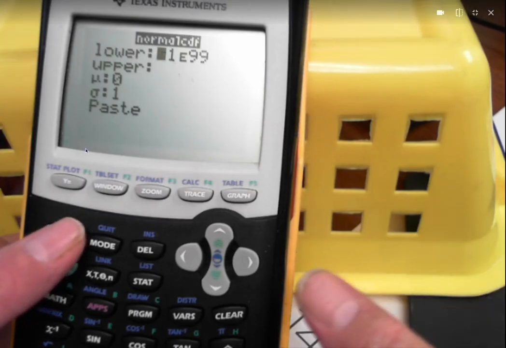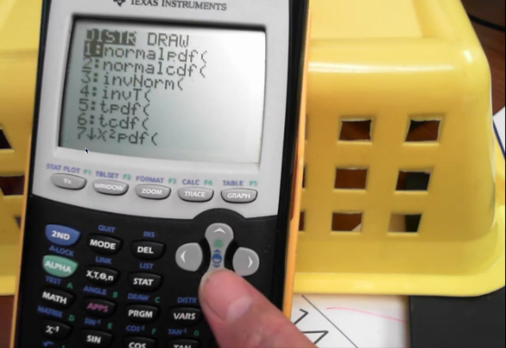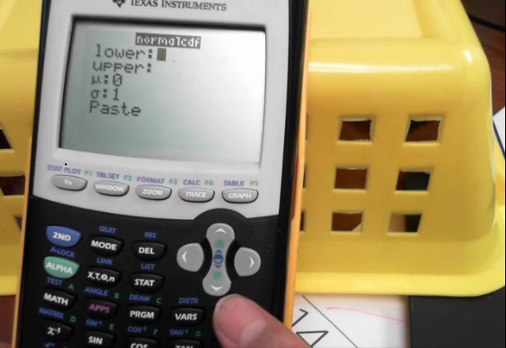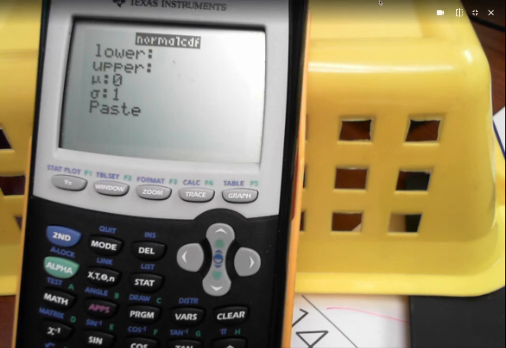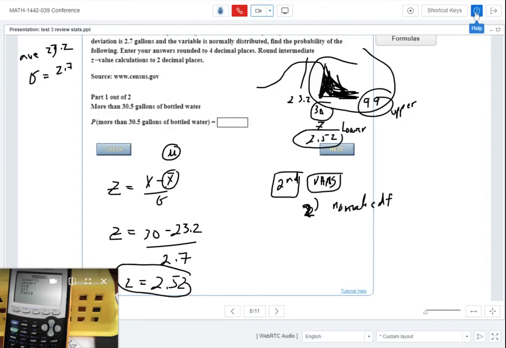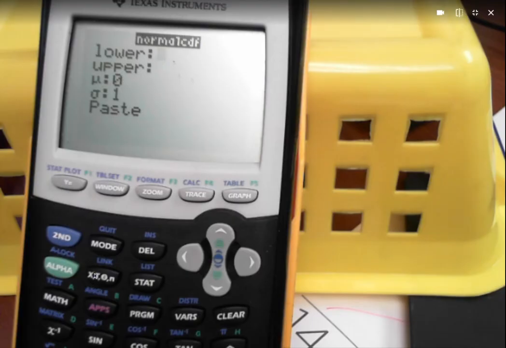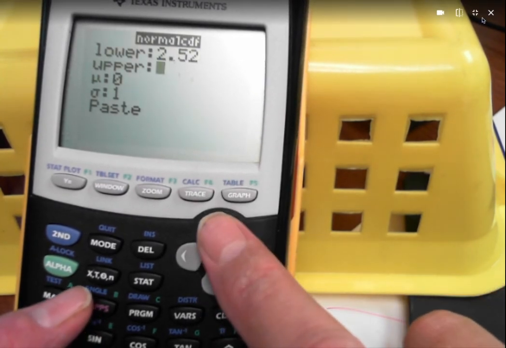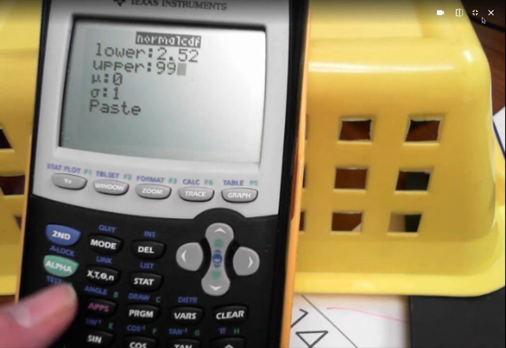I'm going once again to second vars, number 2. My lower is going to be positive 2.52, and the upper is going to be infinity.